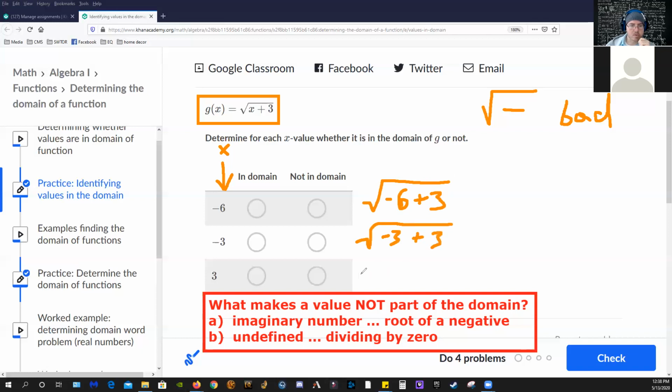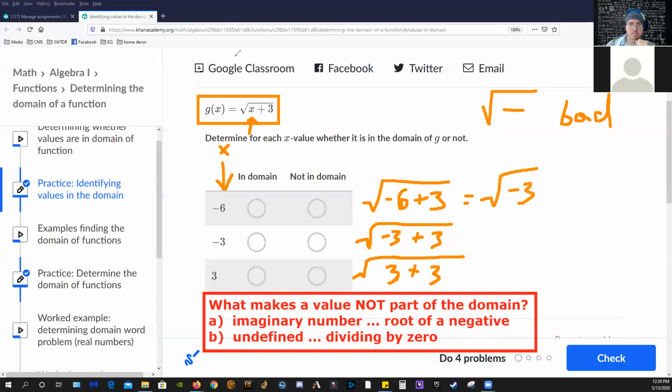And this one would be the square root of 3 plus 3. So what I did was I put in the x for this x value right here. And what do we get? So this would be the square root of -3.